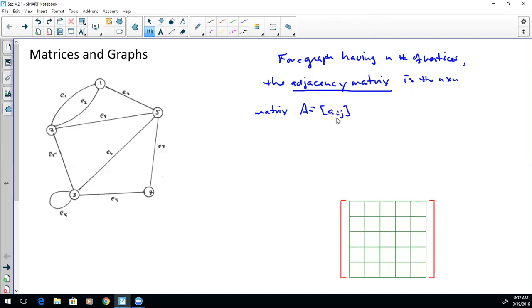Remember, this means the first number corresponds to the row, the second number corresponds to the column.